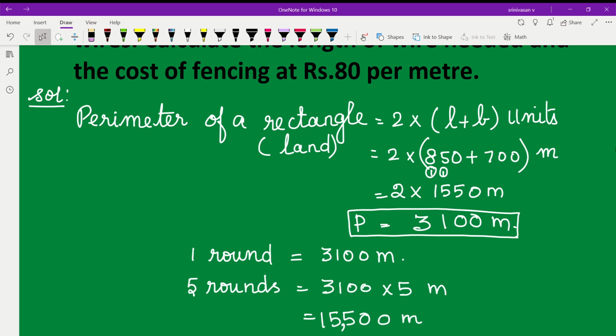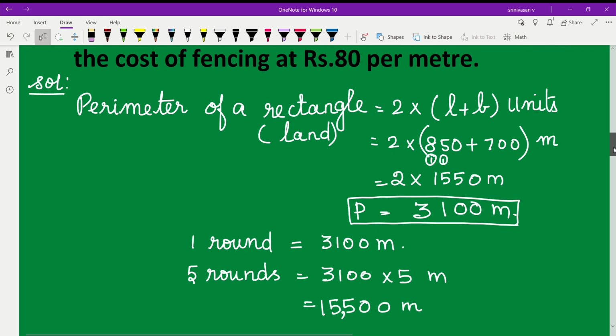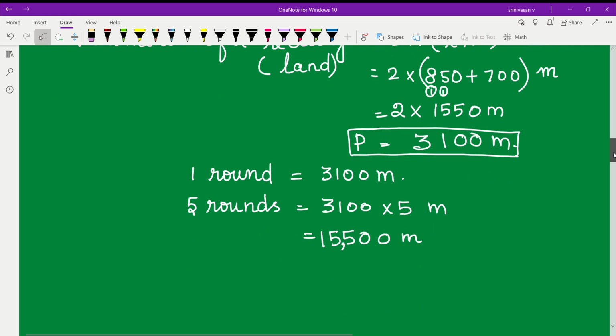Now we found the perimeter of the land and the wire needed for 5 rounds. We got it. Now we are going to find the cost of fencing. So here it is given per 1 meter 80 rupees is the cost. Now we need to find 15,500 meter. Write the statement.